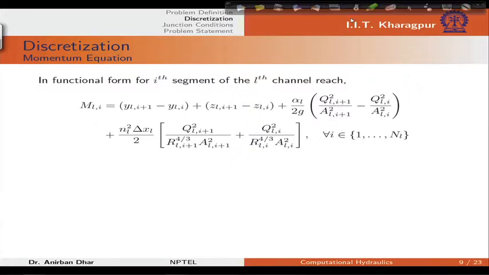Again, these are variables, q is a variable, and y L I plus 1 is a function of y L I plus 1. So, the direct variables are y and q.